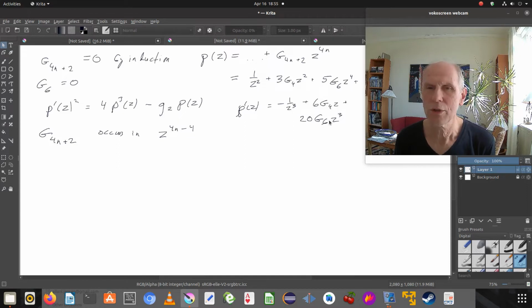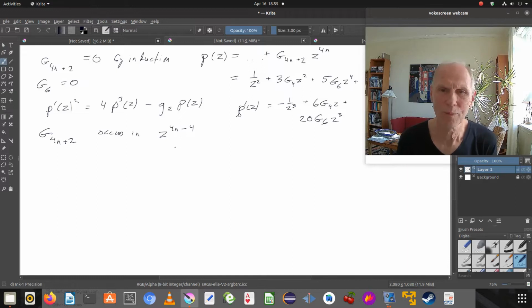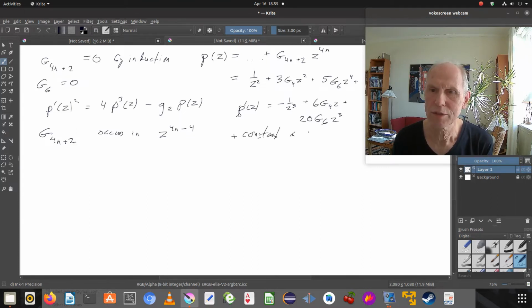So g4n plus 2, a smaller one, has to occur. So that ultimately we will have plus constant times D3, which vanishes, of course.